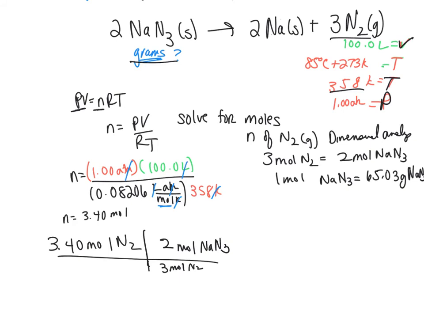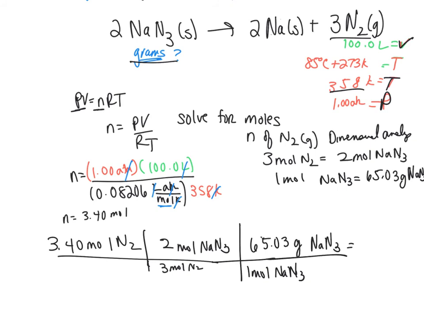Okay, and then for 1 mole of sodium azide, we have 65.03 grams of sodium azide. And so when we do 3.4 times 2 divided by 3 times 65.03, you get 147.4 grams of sodium azide.